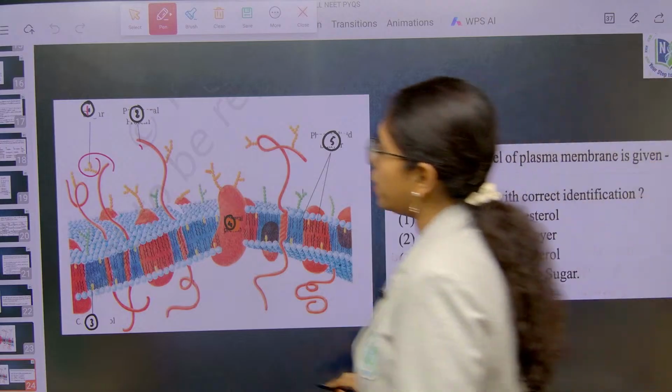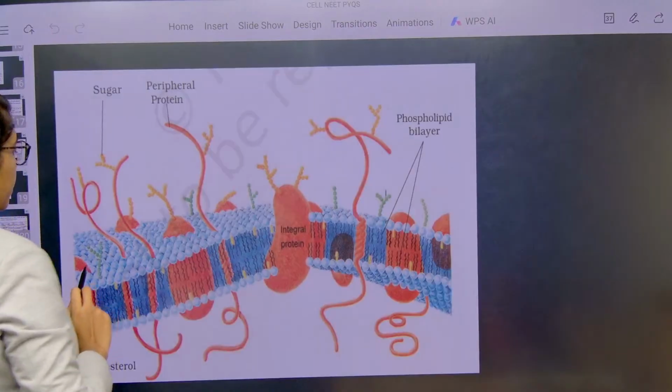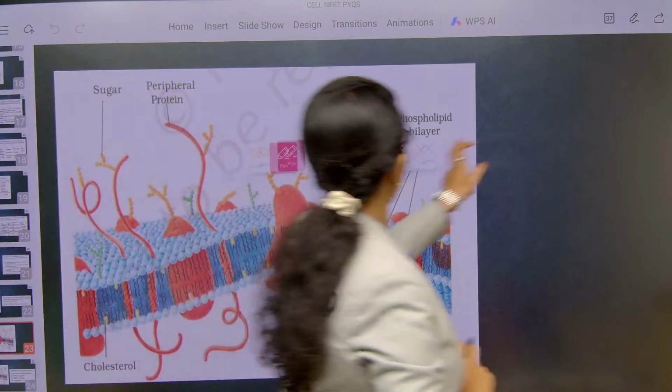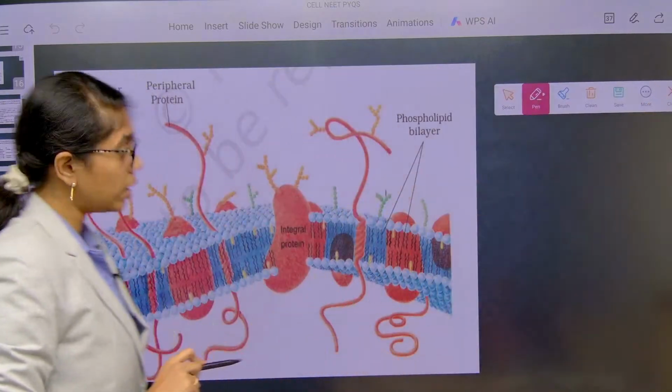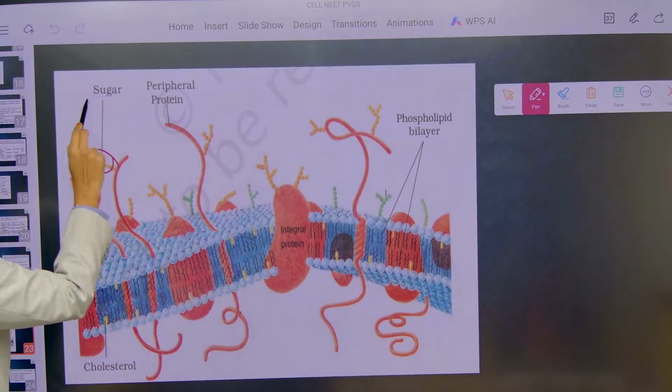Sorry, the labeling is wrong, but we will remember the labelings because we may get a diagram-based question, right? Remember carefully, these are the molecules which are extensions of proteins, which is sugar.